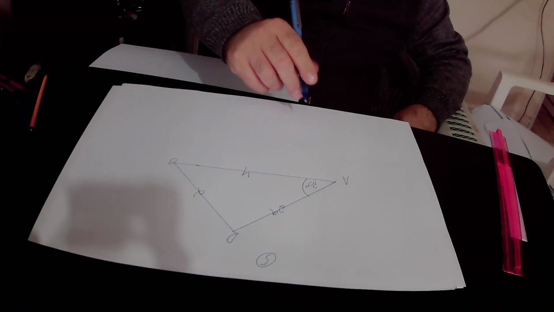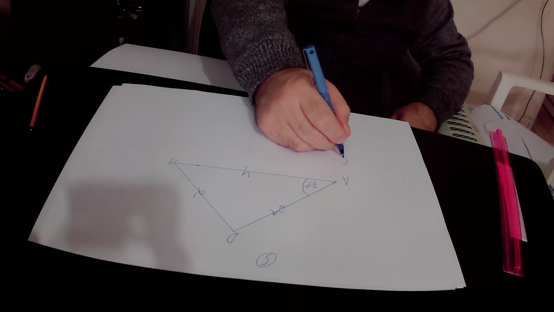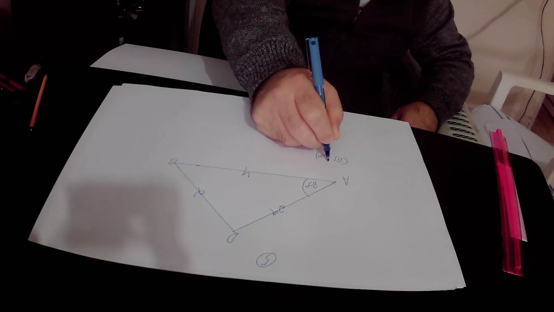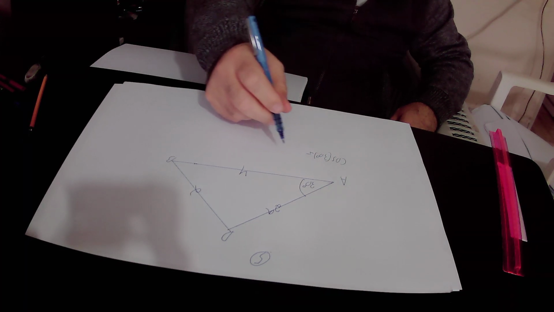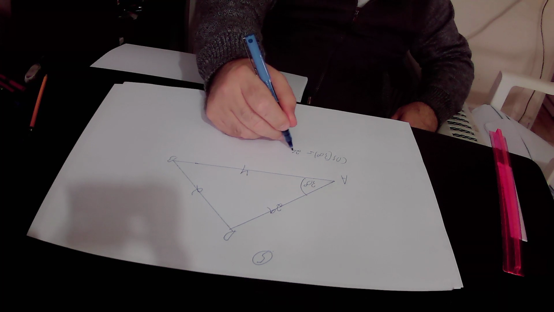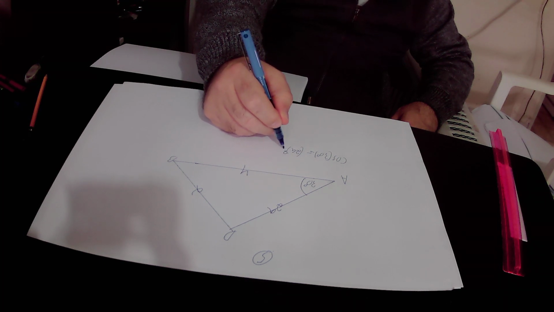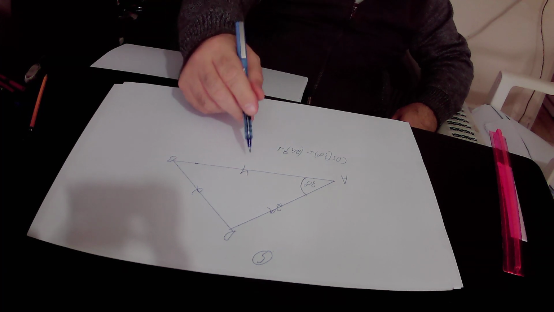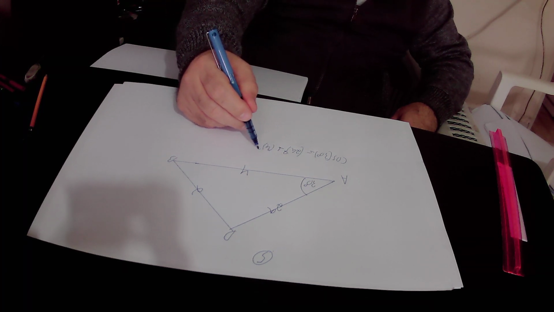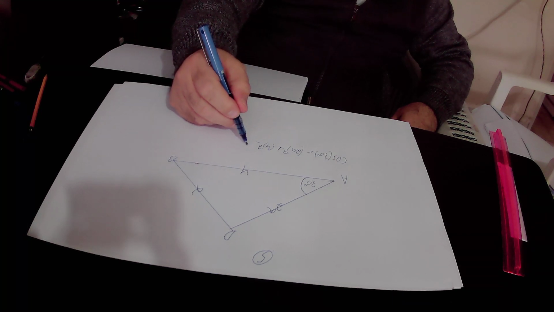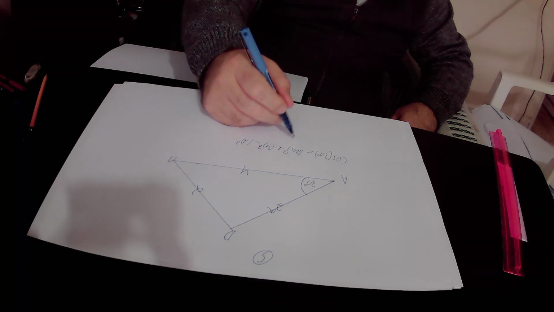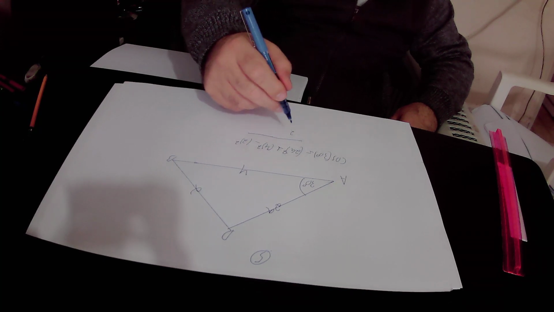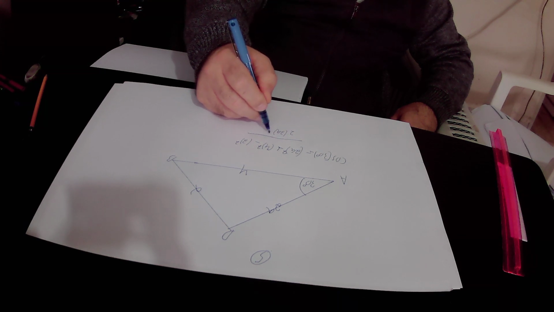According to the law of cosines, cosine 30 degrees equals (2a squared plus 4 squared minus 2 squared) over 2 times 2a times 4.